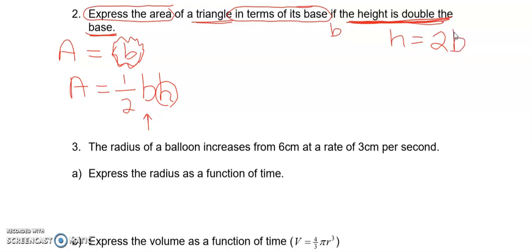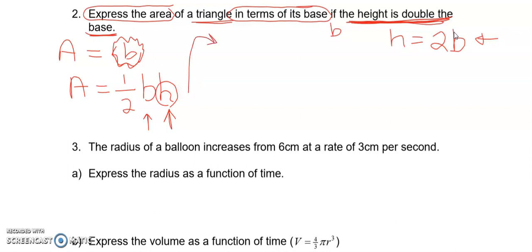Now, there's your secondary equation. And you don't want to solve that for b. You don't get the b by itself because remember, it's the h in that main equation that you're replacing. And this formula here is in the perfect form for that. So wherever I see h, I can replace it with 2b. And by golly, that's exactly what I'm going to do right here.